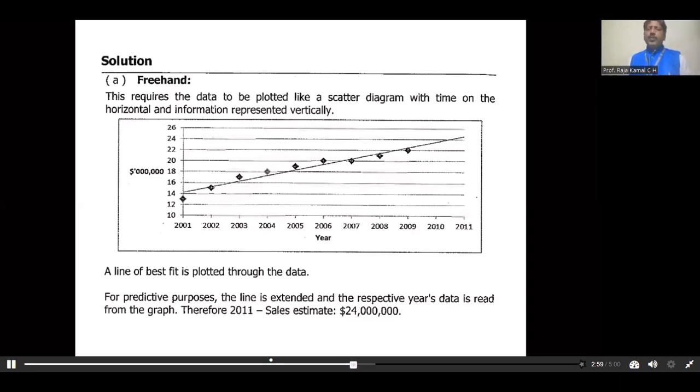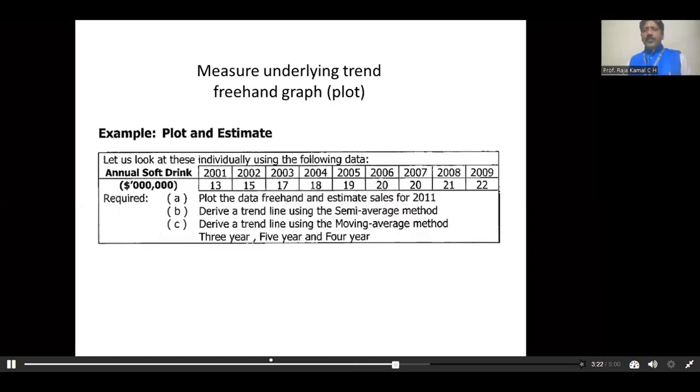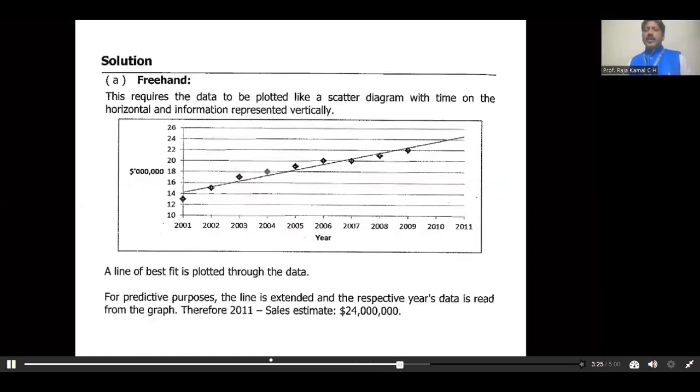As I told you, on the x-axis we have taken years from 2001 to 2011 because we want to predict the value of 2011. On the y-axis, we started with 10, taking 2 units per 1 centimeter, and ended with 26. In 2001 the value was 13, and that was plotted in the diagram.